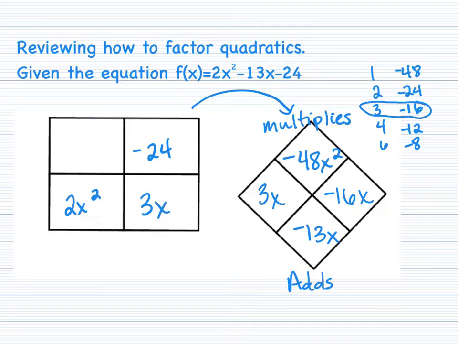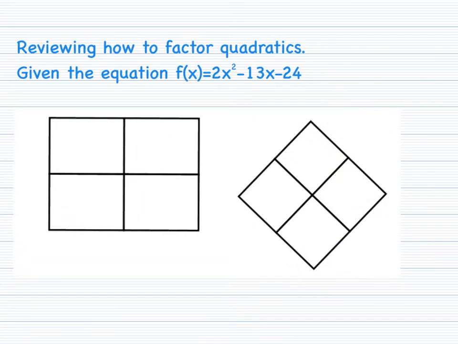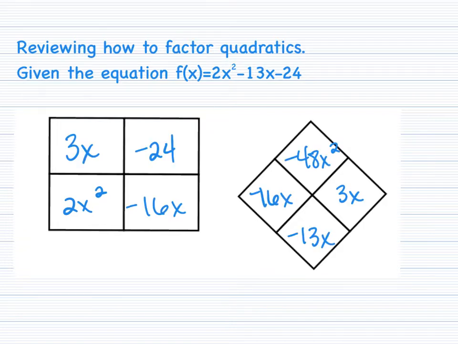So 3x and negative 16x. So I want to pop all that in and go to the next one. So 2x squared. And I think I swapped which ones went where. Hang on. Okay, switch those now to avoid the confusion.